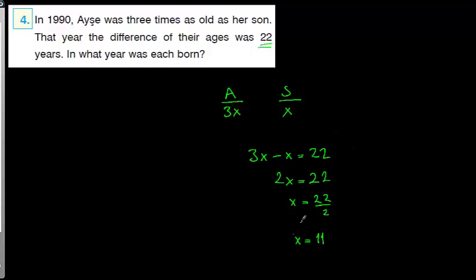So what is x? What is her son's age? 11. What about Aisha's age? 33. In the 1990s, Aisha was 33 and her son is 11.